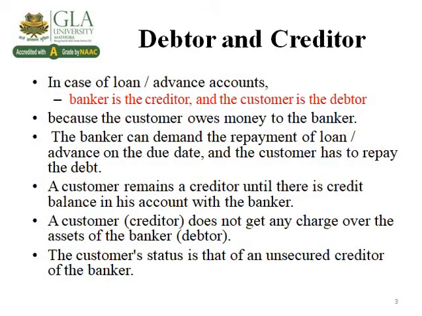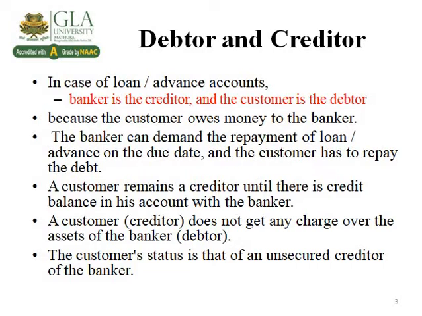See, there are two major products and services that are also known as the functions of the banker. One is your primary, another is your secondary. This debtor and creditor relationship is based on the primary functions, that is acceptance of deposits and granting of loans and advances.